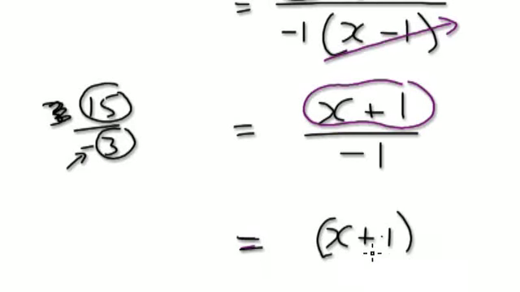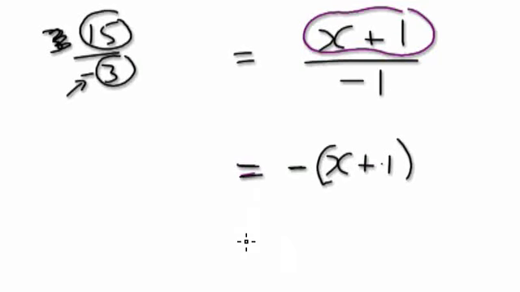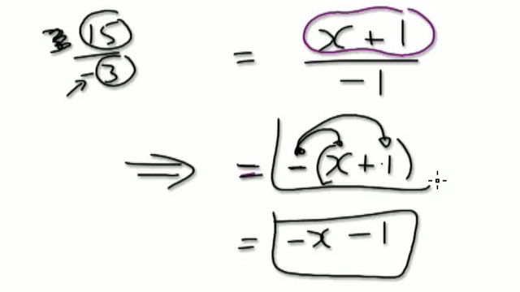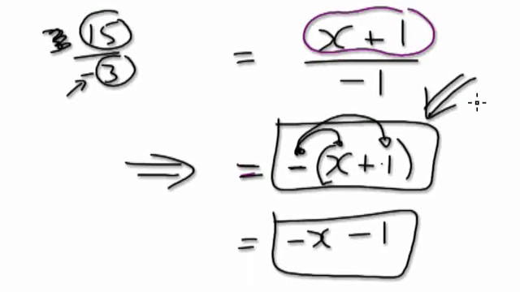Remember that this exists in a bubble. If you wanted to, you can remove the brackets here. This times this would be minus x, and then this times this would be minus 1. But I'll leave it as this, I think it looks neater. You can either have this or you can have it like this. I prefer this, but it doesn't really matter that much.